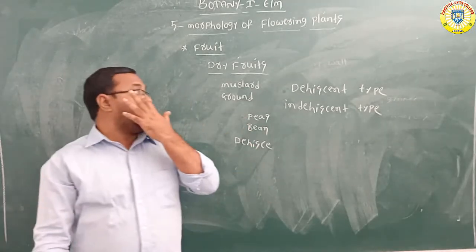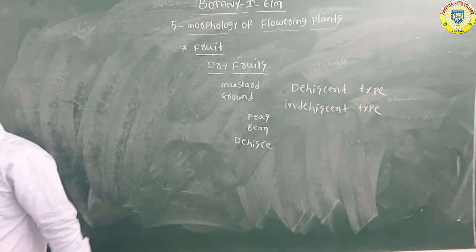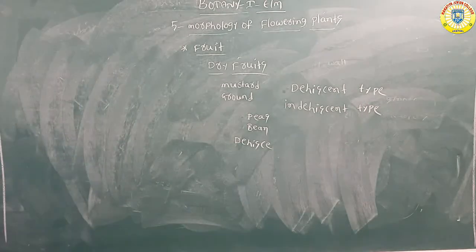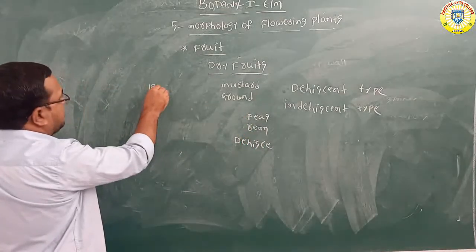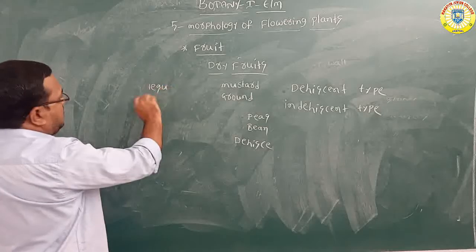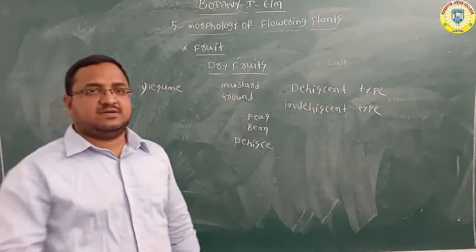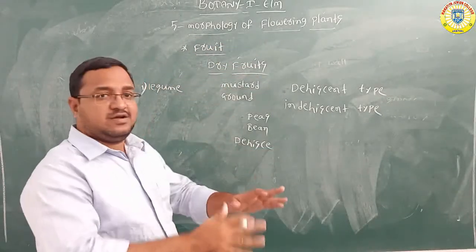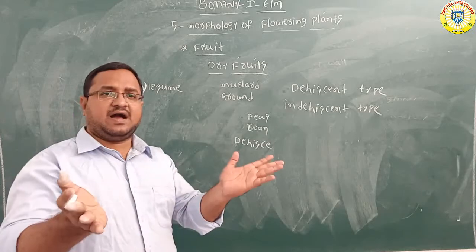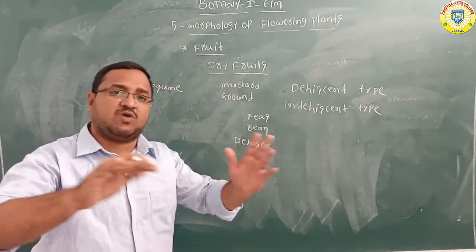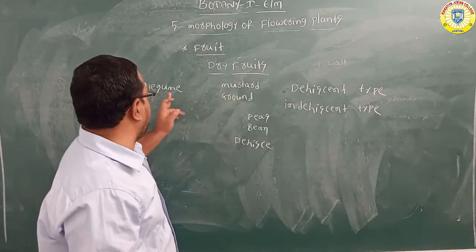So here again these dry fruits are mainly divided into a few types. The first you can see is legume, what we discussed here. Legume means the pericarp dehisces dorsiventrally and is divided into two equal halves, then the seeds are released. That type of fruit is called legume fruit.